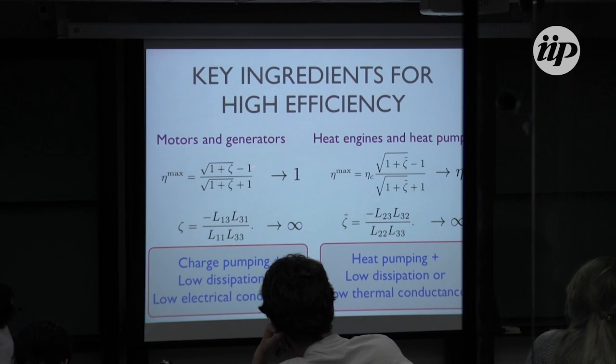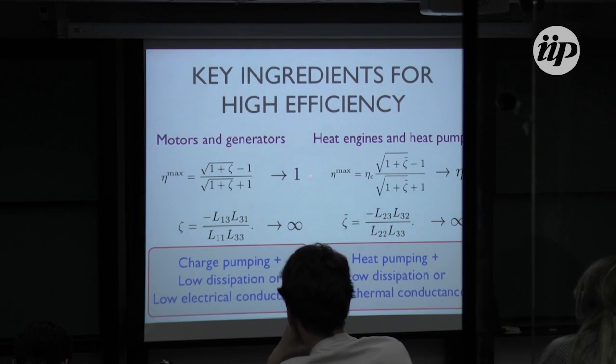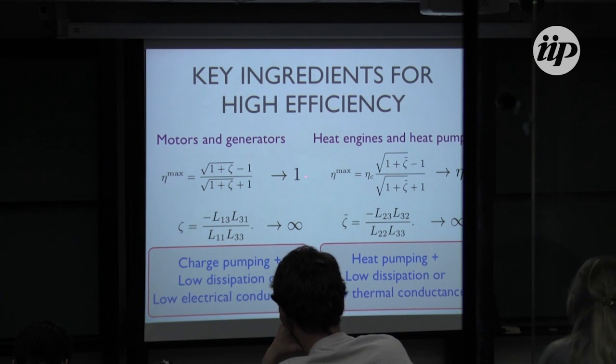So this is a summary of the four operational modes mentioned before. What is important is that in the case of motors and generators, as heat doesn't play any role, we can have an efficiency which is bounded by 1, so Carnot doesn't appear here.